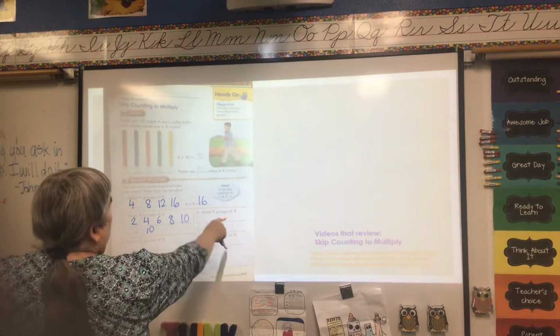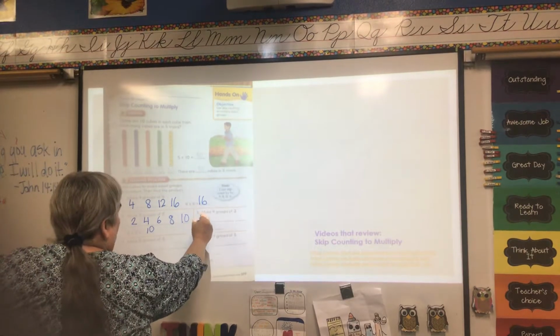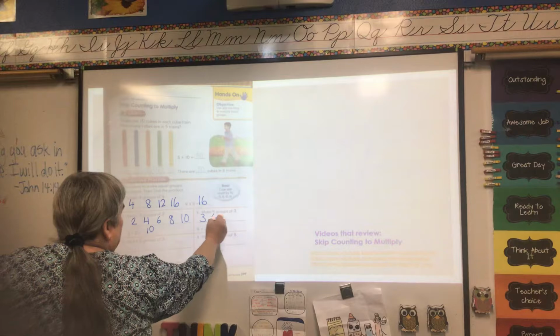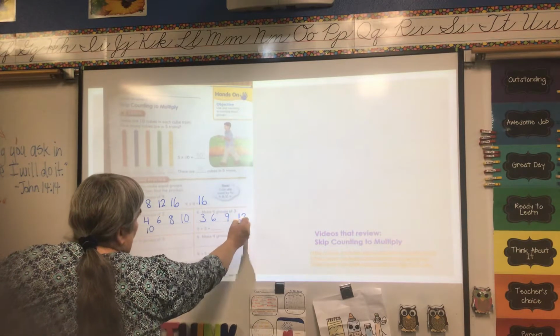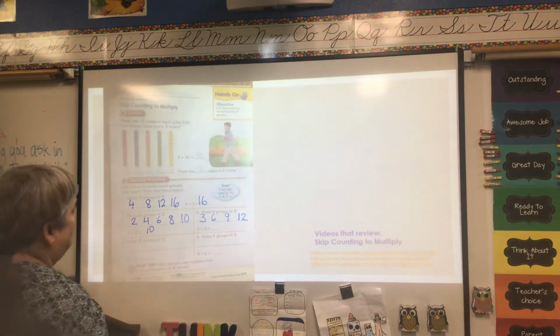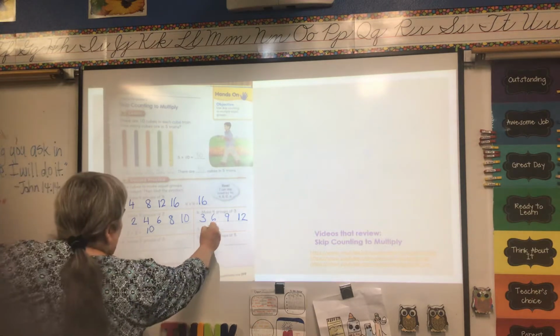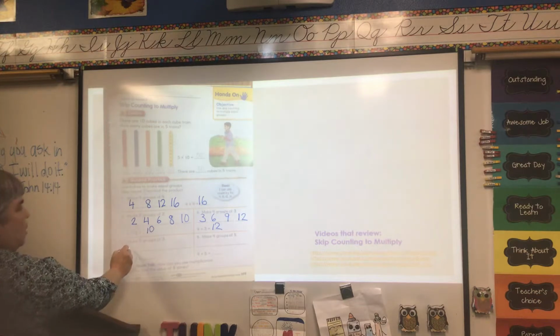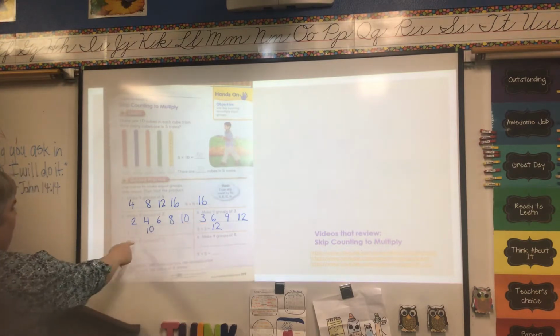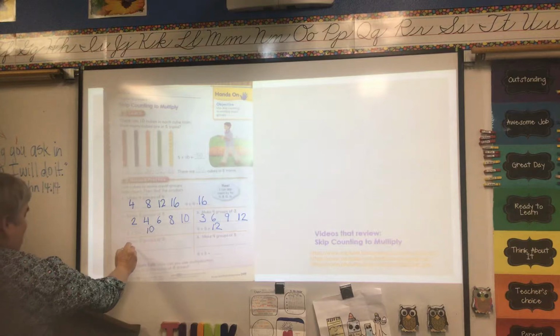And then 4 groups of 3. So 3, 6, 9, 12. And so the answer to that one is 12. Then right here, 5 groups of 3. So we're skip counting by 3 again, but we're going to do 1 extra one.